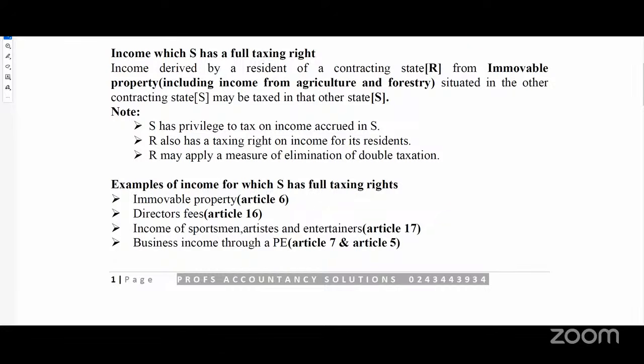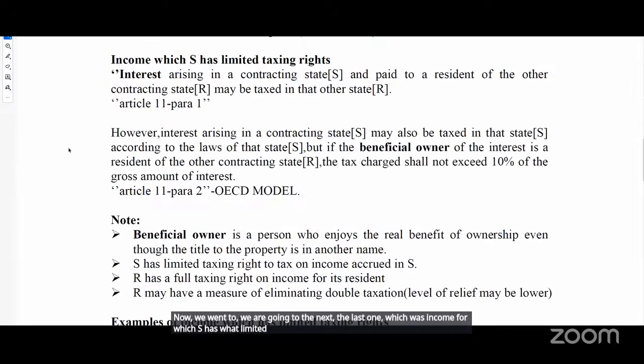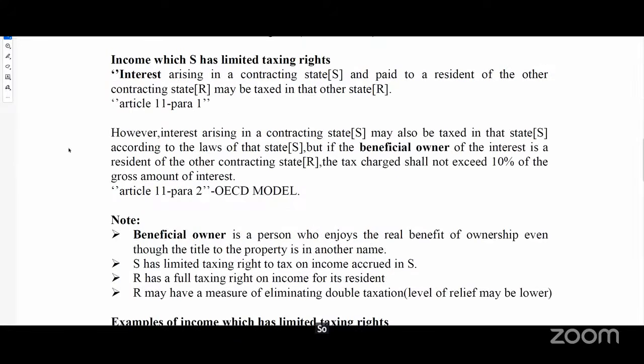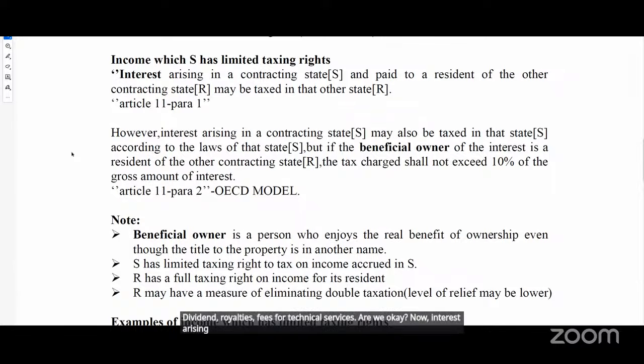Now we are going to the last one, which was income for which the source state has what? Limited taxing rights, right? So example will be what? Interest, dividend, royalties, fees for technical services. Are we okay? Now, interest arising in Ghana and paid to a resident of maybe UK will be taxed in the UK. Do you get it?